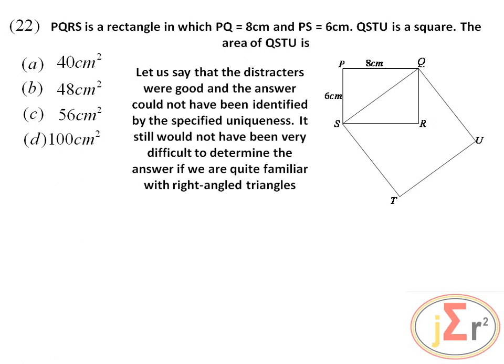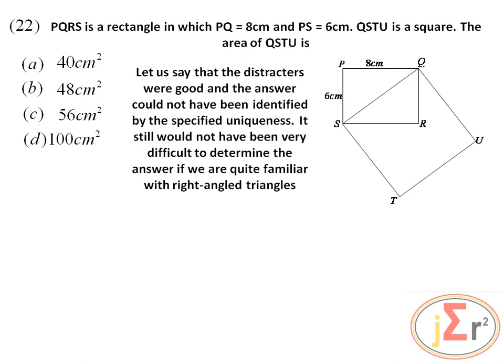But say the other distractors were square numbers also, how could we tell by another means without using Pythagoras Theorem and going through all of that? How could we tell that the answer is 100 centimeters squared without going through that hassle?